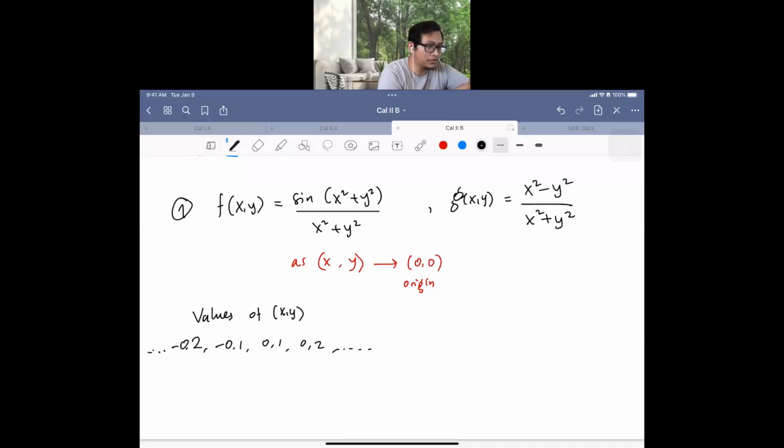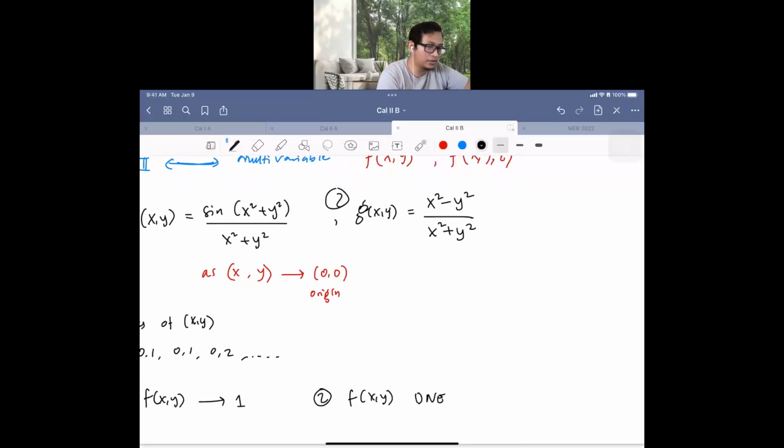Let me write this is 1 and 2. The first one will go to 1, and the second one will go to doesn't exist.